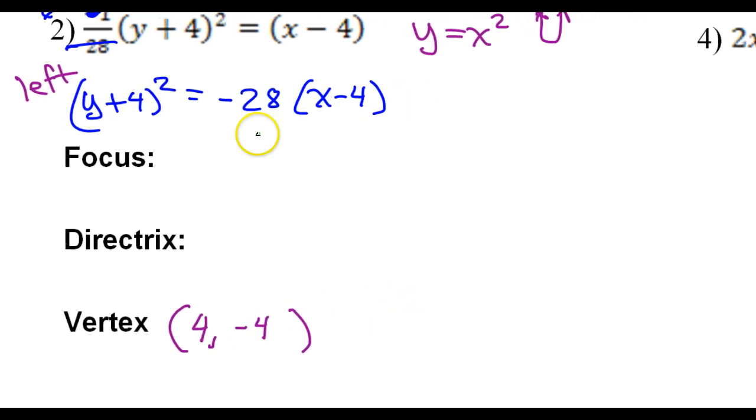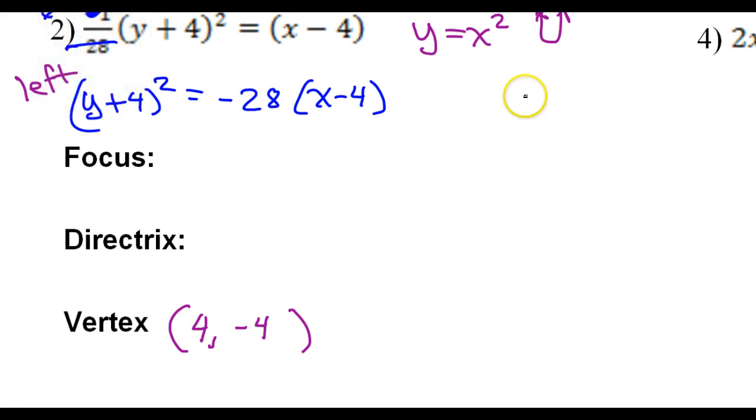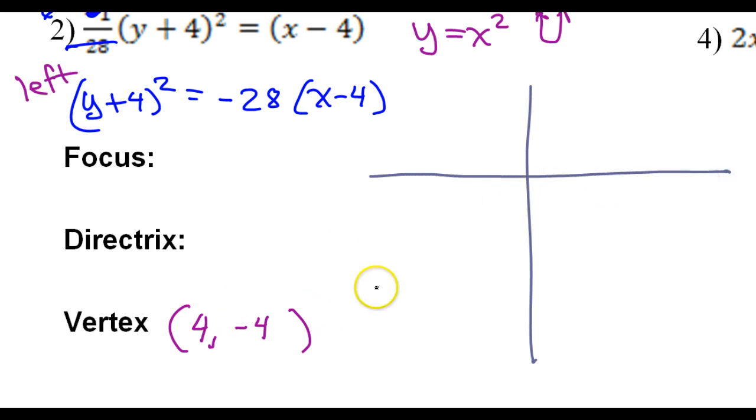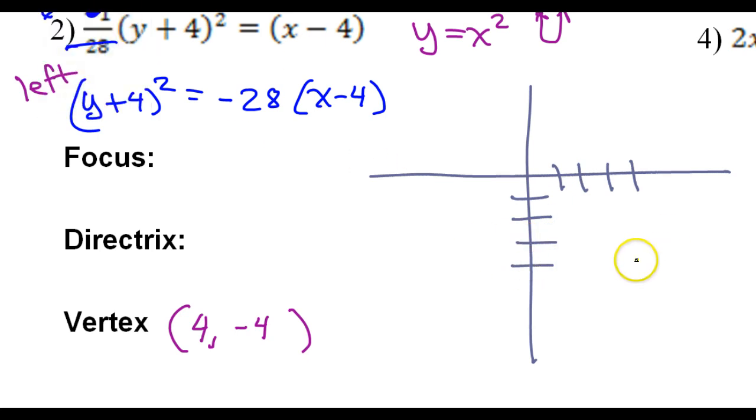Let's sketch that so far. All right, so here's my sketch. So (4, -4). So 1, 2, 3, 4, 1, 2, 3, 4. So here's my vertex at (4, -4). Okay, that's my vertex. Now, I know this is facing left.